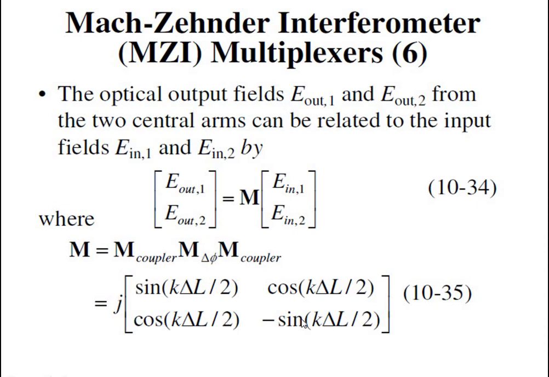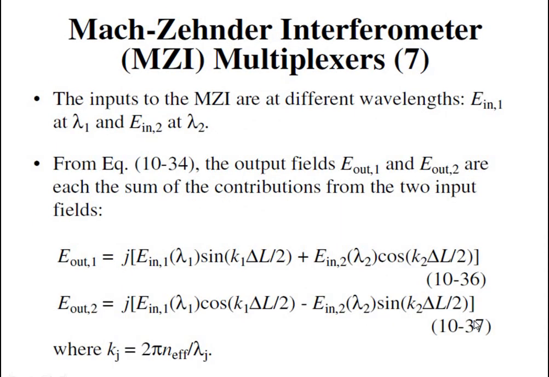And then after substituting, we get this matrix. Now, since we want to build a multiplexer, we need to have the inputs to the MZI at different wavelengths.